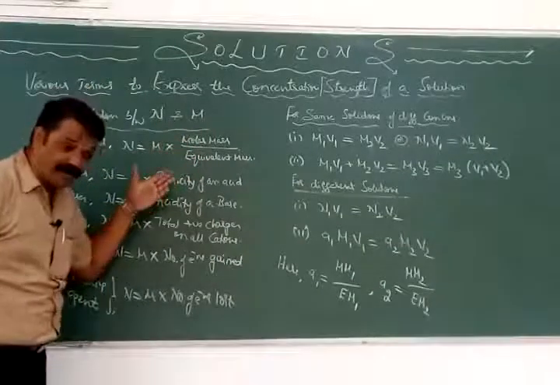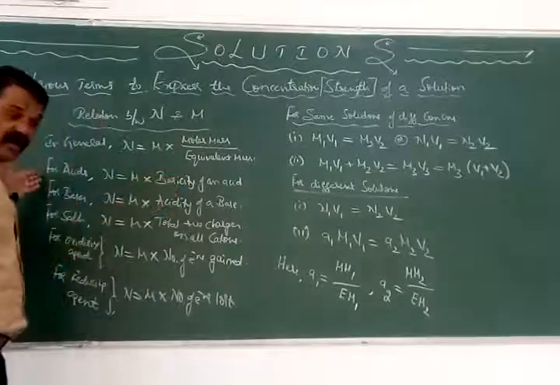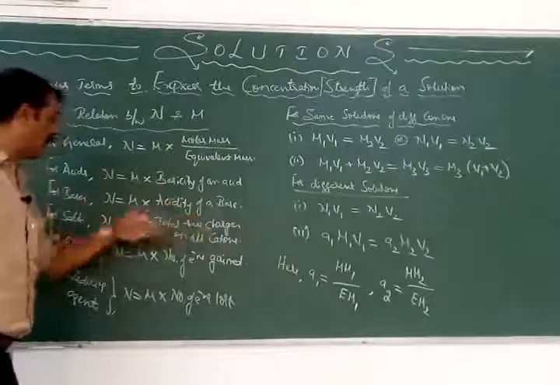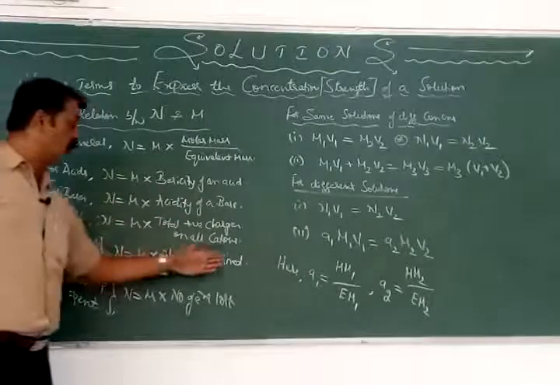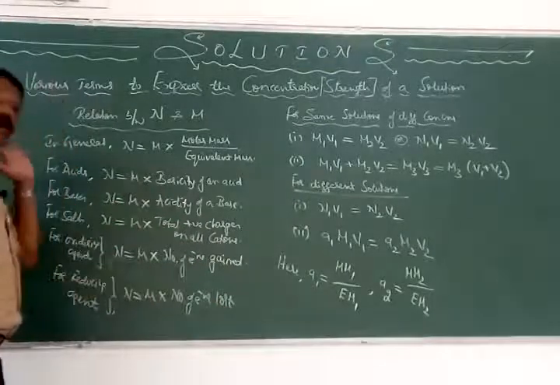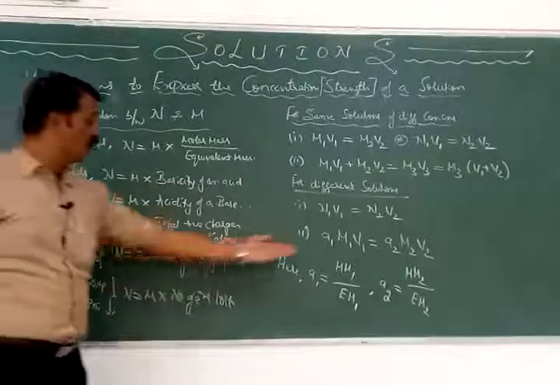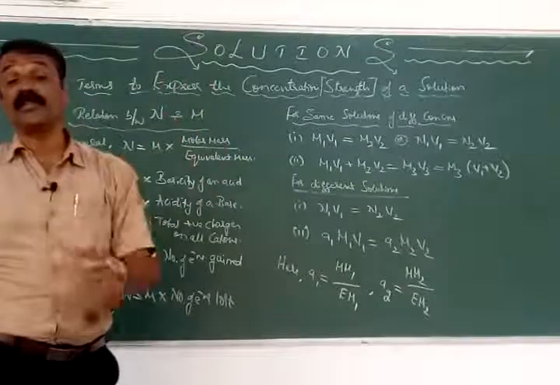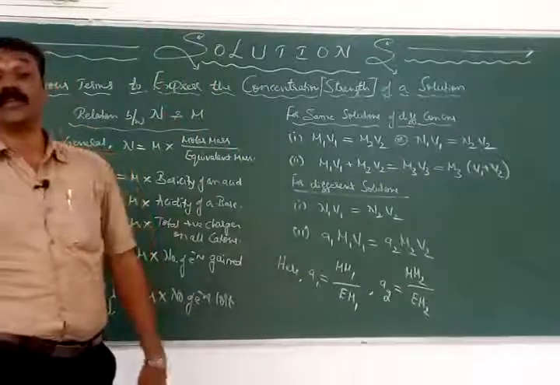It is called basicity of an acid for acids, acidity of a base for bases, total positive charges for all cations for salts, number of electrons gained for oxidizing agents, number of electrons lost for reducing agents. So there also it is the same. A2 is equal to the molecular mass of substance 2 divided by the respective equivalent mass of the second substance, that is called A2.